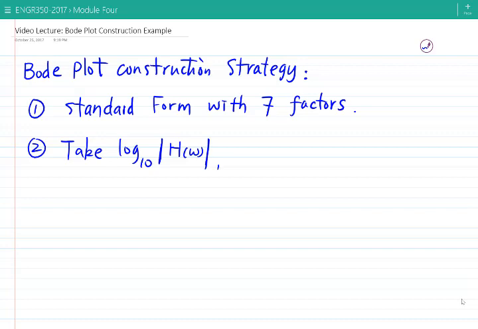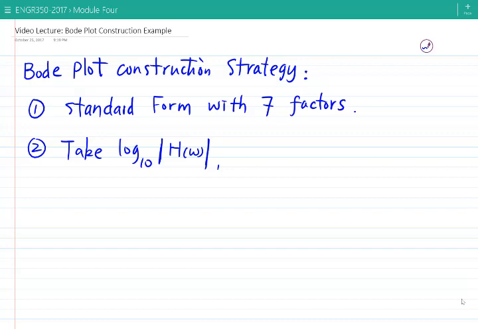Because the transfer function H(omega) is complicated, we factorize it into numerator polynomial and denominator polynomial. The numerator polynomials are composed of 7 factors, and the denominator polynomial is also composed of multiplications of these 7 factors. If we take logarithm, the logarithm can convert multiplication into addition, and convert division into subtraction. This is a very nice, very desirable feature of logarithm.